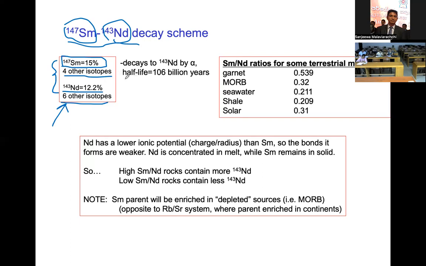Right, the half-life is 106 billion years in this scheme. 106 billion years, right? Very, very long. So that means our Earth is how much? The age? 4.5 billion years. Okay. So it's just a very tiny bit of the half-life of this samarium-neodymium system, right? So you can imagine how much samarium is still left in the planet, right?